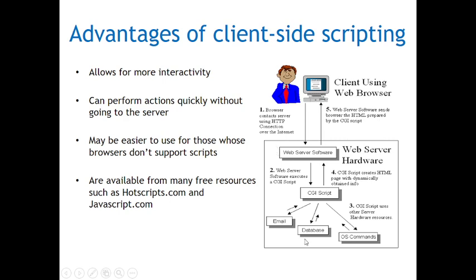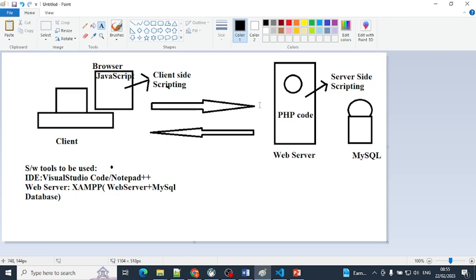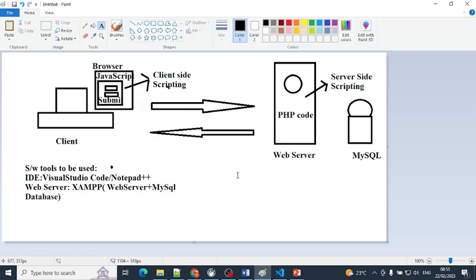So this is the part of the web server where your code works, and here your HTML file, maybe like login.html. You have the code like this here. So you have a login page, and you are saying here submit. Okay, so this is the client-side scripting.